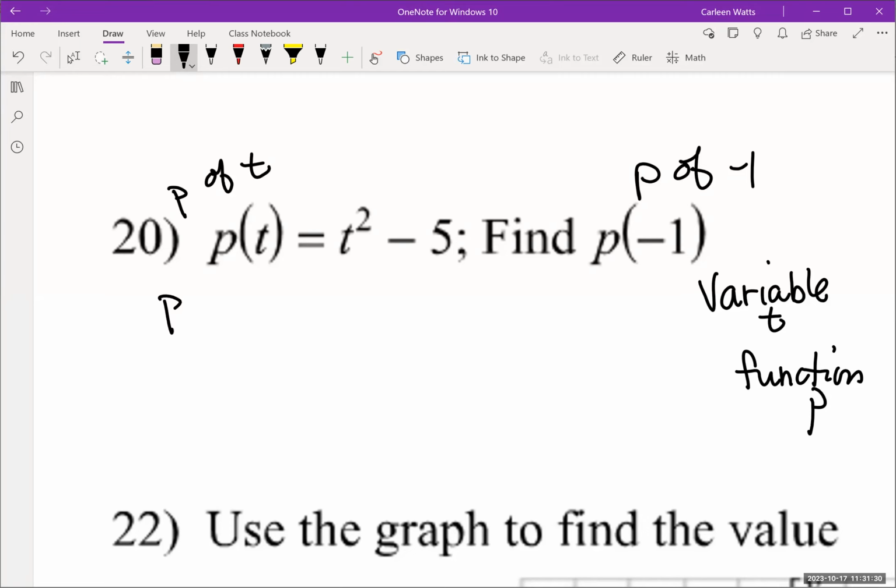Okay, so P of -1, we're gonna plug it in with parentheses, the only place where you see the T. So -1 squared is 1 minus 1 equals 0.